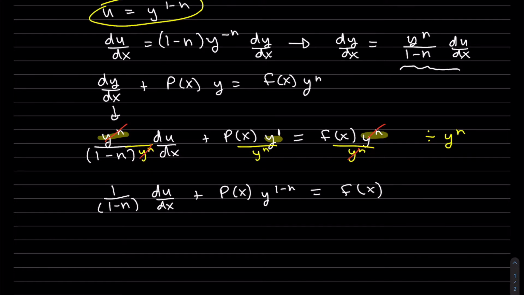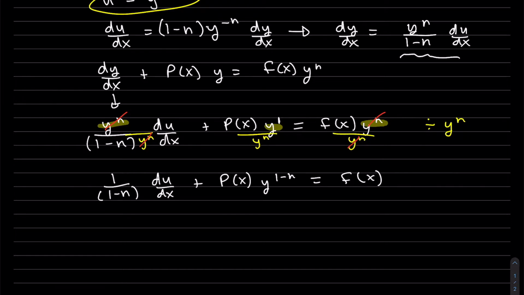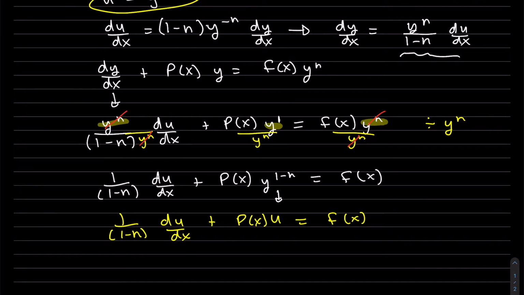And we can see we have u in our equation now. And now we've accomplished our goal. This is linear in u now. And then we'll be able to solve it using one of the other techniques from another section.